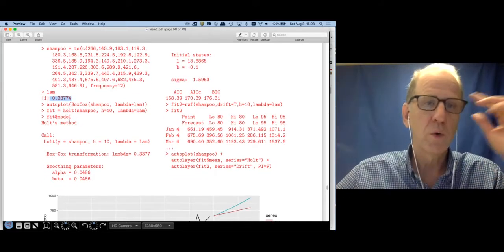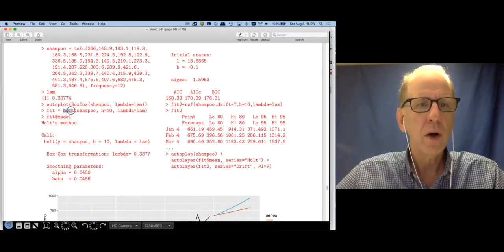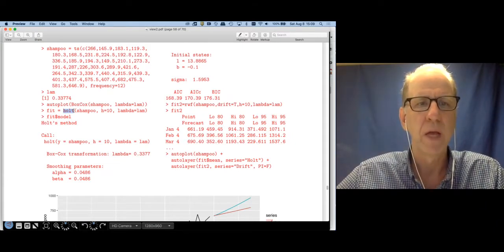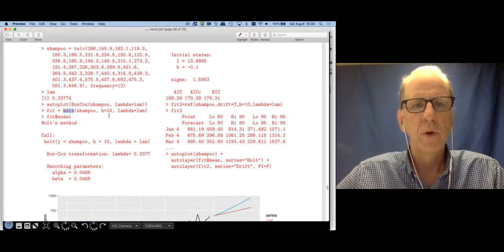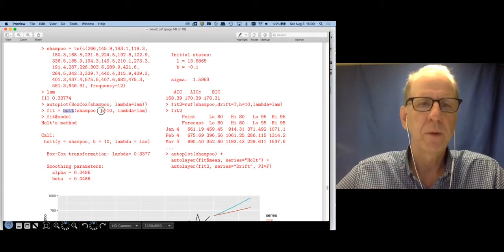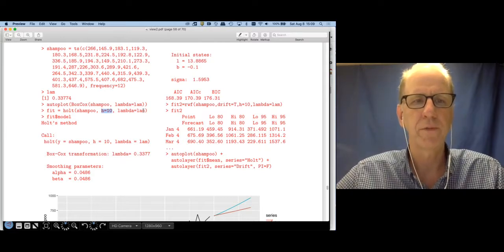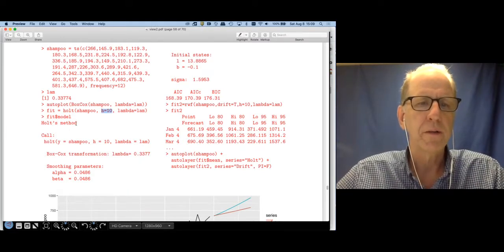To fit one of these Holt models, R provides a wrapper for a much more general function that we're going to study in a couple of videos from now, called holt. With holt, you can specify the number of periods ahead and your Box-Cox transformation value. And here's the output you get.